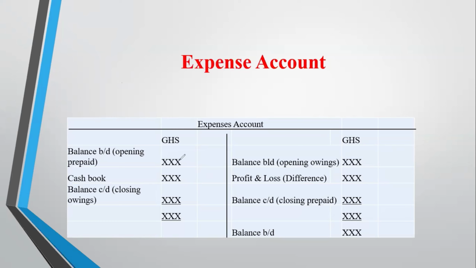And you've been given details to tell us the amount that will be transferred to the profit and loss account. You open your account nicely and you have opening prepaid. That is the expenses prepaid opening. Expenses prepaid opening should come to the debit side of the expenses account.